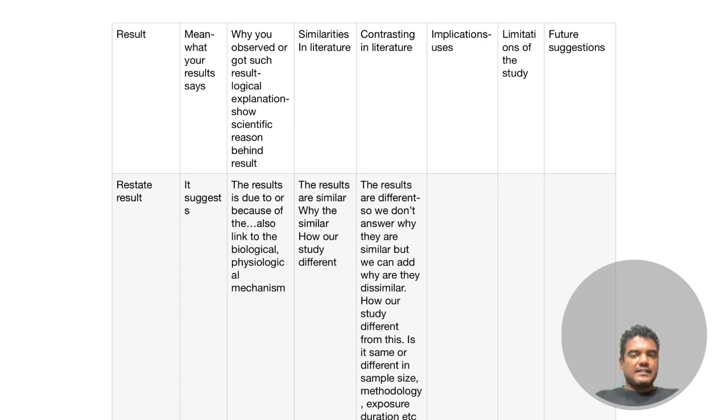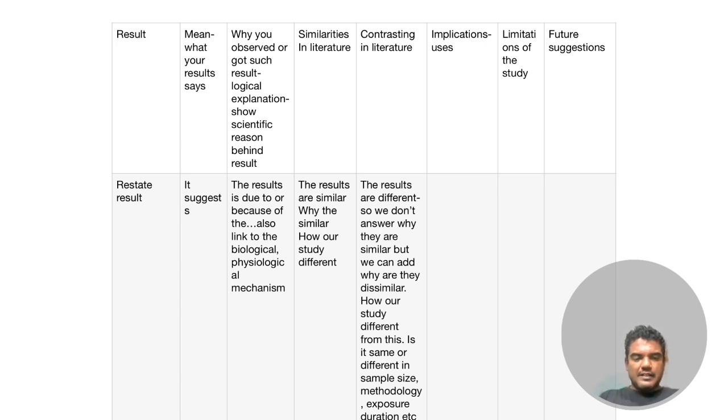So we can say that these results are due to, for example, the property of the drug to stop the progression of the cell cycle.